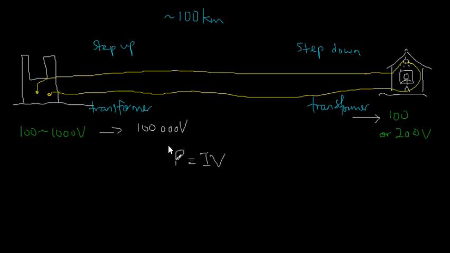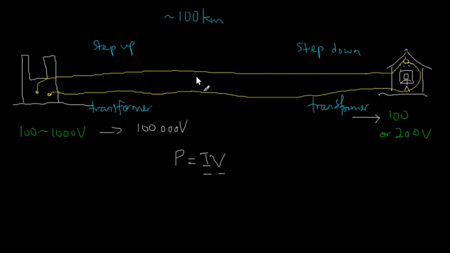As you can see, for a given power, if the voltage is high, the current must be low, because we multiply the two numbers. Okay, so if I use a transformer to change it to a very high voltage, then the current that actually carries the electric power only needs to be very low.